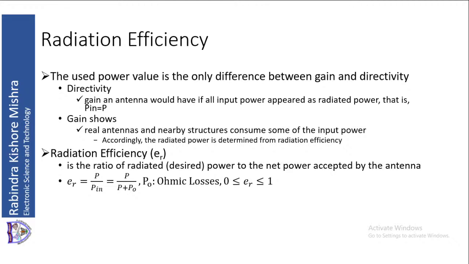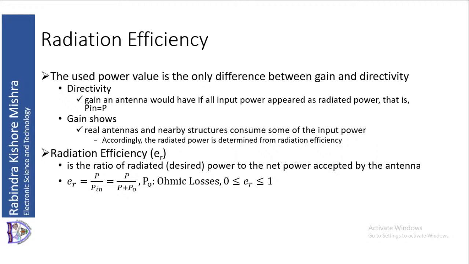Therefore P in, the total power accepted by the antenna, is equal to the power radiated by the antenna plus the power lost in the antenna. So P in is equal to P plus P0, and ER is equal to P by P plus P0.